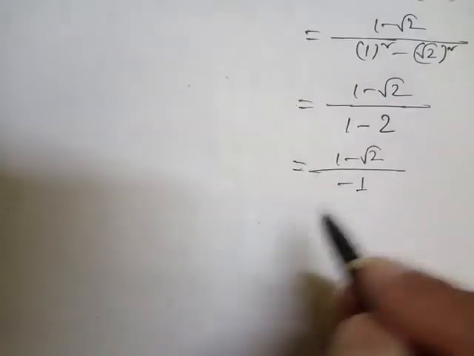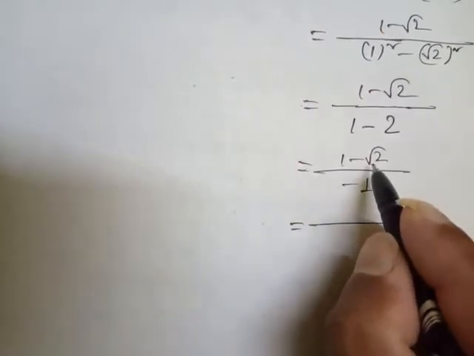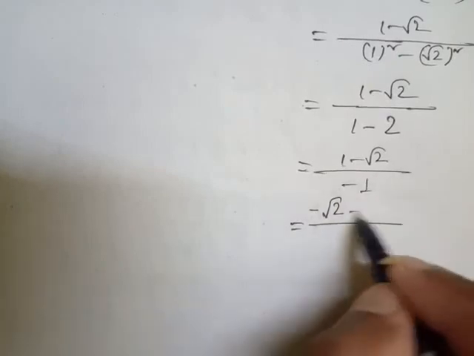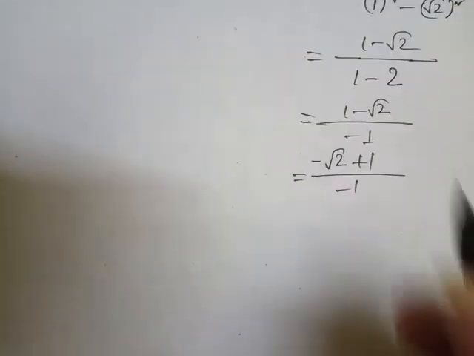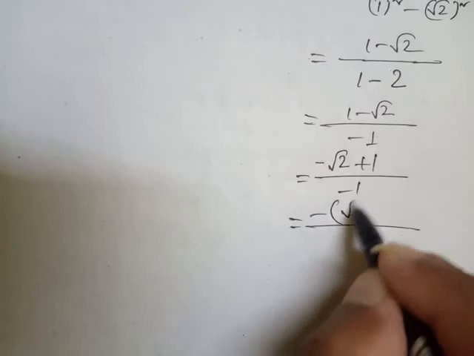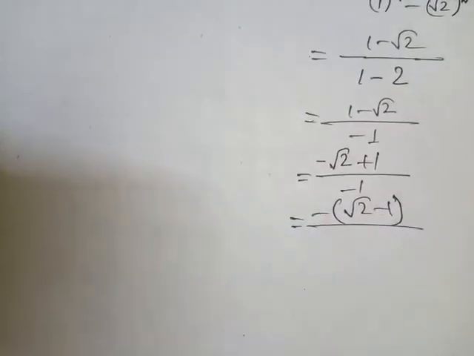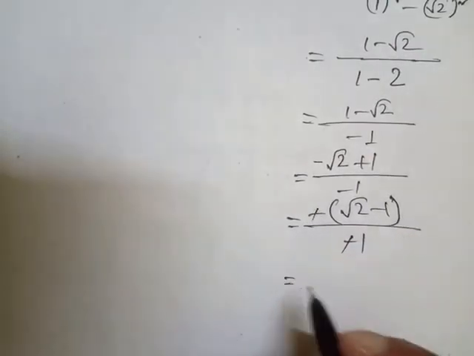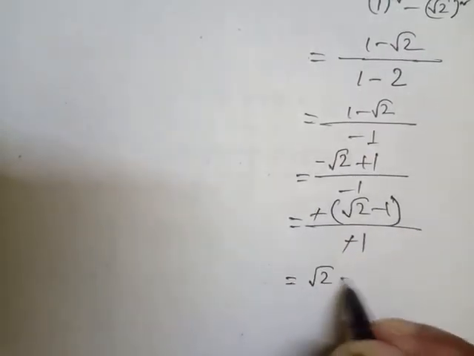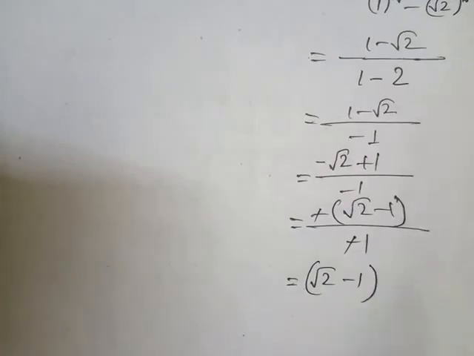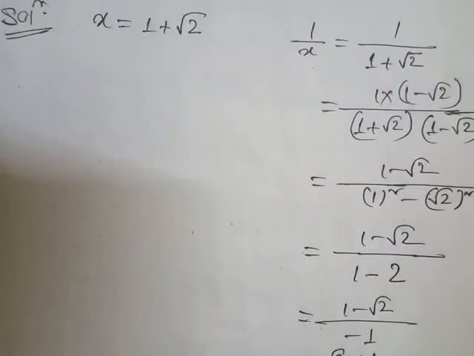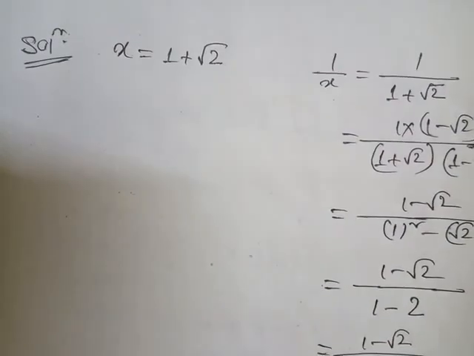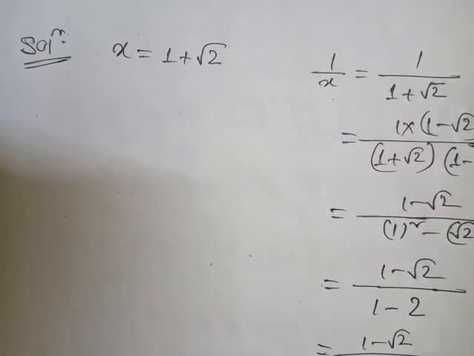Now if I take minus common, then root 2 minus 1 will be here, and there is minus 1, then minus minus cancel, so remaining part would be root 2 minus 1, which means student, 1 by x value is root 2 minus 1 and x equal to 1 plus root 2.